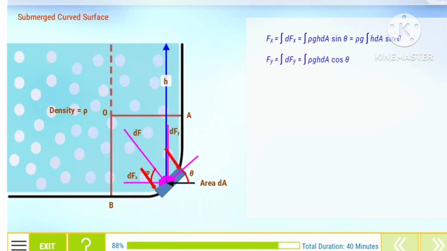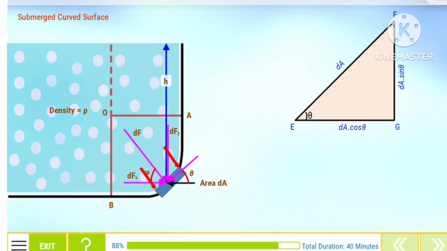Fy is equal to integral of dFy, which is equal to integral of rho into g into h into dA into cos theta, which is again equal to rho into g into integral of h into dA into cos theta.